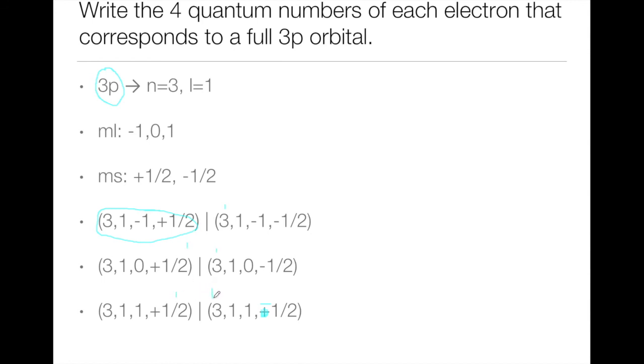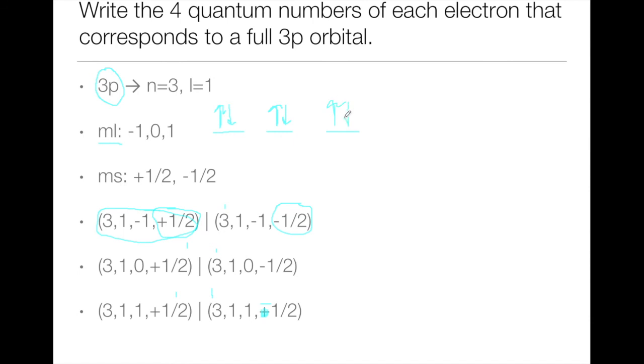We said that the 3p has 3 orbitals in 3 orientations. Therefore, this is 1, this is 1, and this is 1. And as we can see, each orbital can have two spin values, plus 1/2 or minus 1/2. Therefore, it can have an upward spin or a downward spin. Upward spin, downward spin, and so on for each.